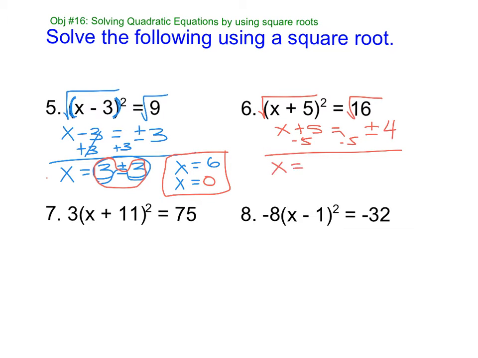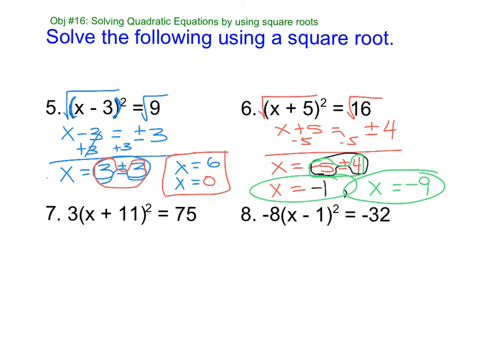X equals negative 5 plus or minus 4. So I have negative 5 plus 4, which gives me negative 1. And then negative 5 minus 4 is negative 9. So those are our two answers.